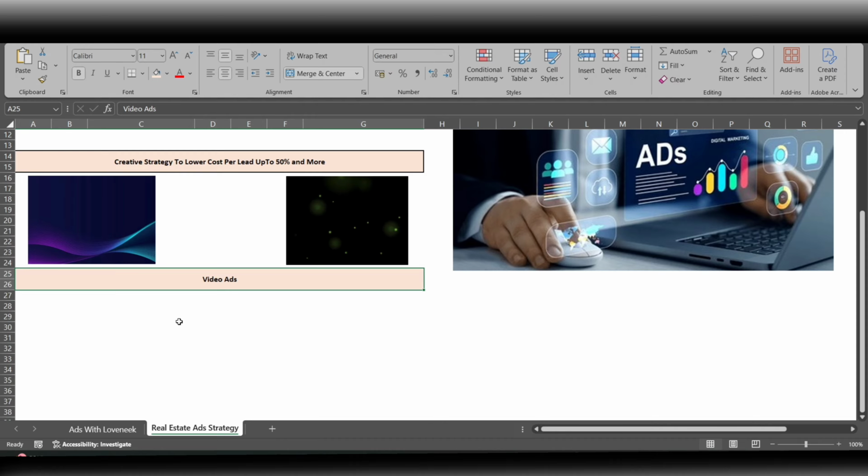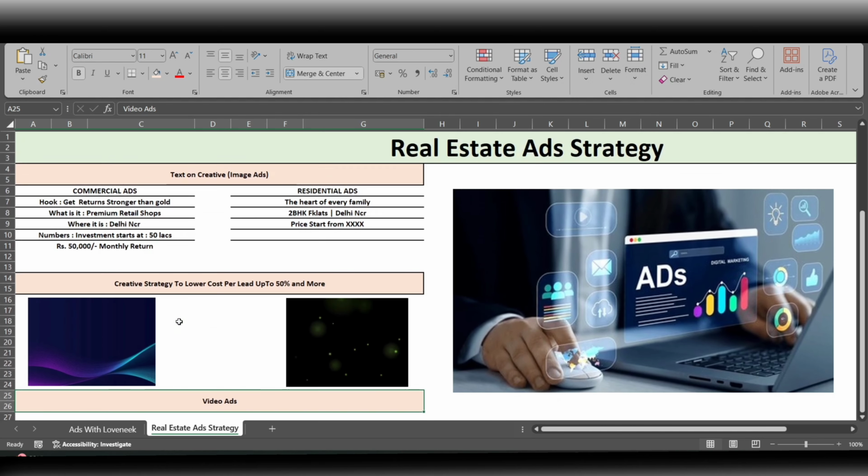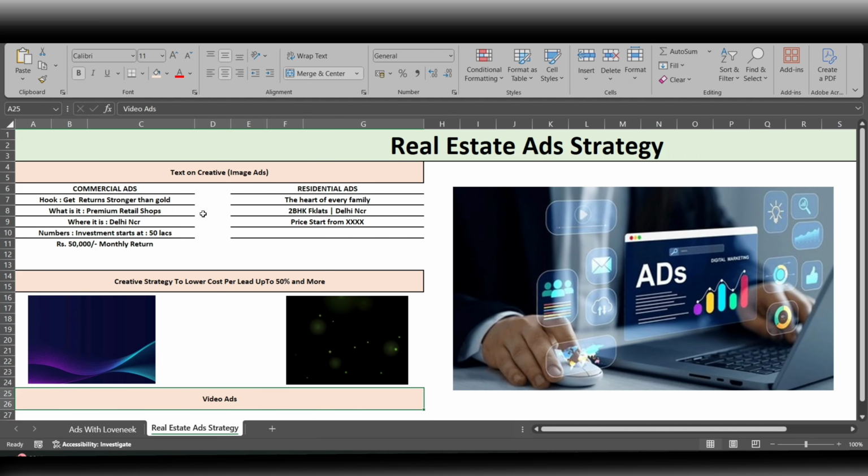All these things you can add in the video. So video is quite a normal thing. The main strategic thing you need is on commercial or residential ad creatives: what information you will add on those creatives. And this strategy has helped me reduce my cost per lead by up to 50%. So I want you to try these two things, and hopefully you will get better results for sure.